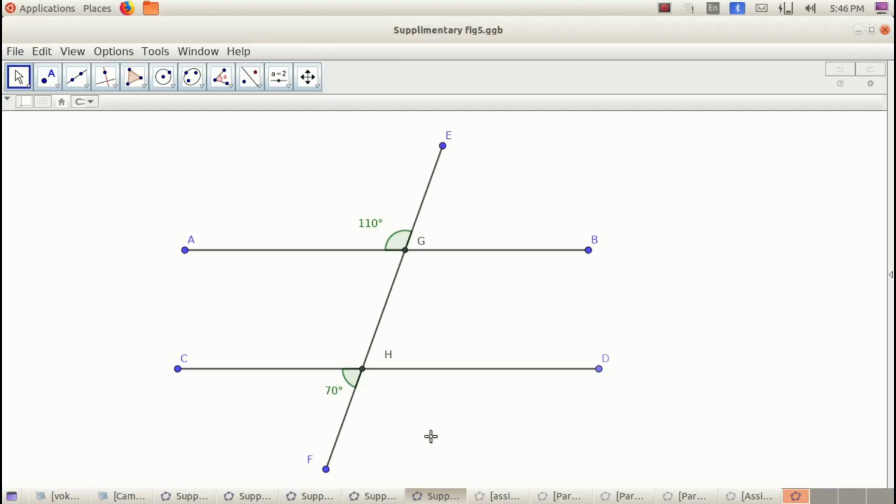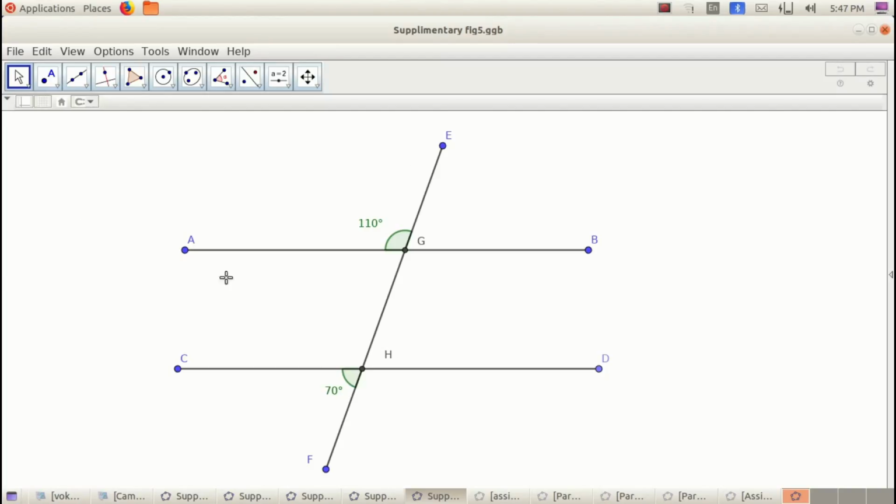We can conclude in this way. When a line cuts across a pair of parallel lines, we will get two supplementary pairs of interior angles and two supplementary pairs of exterior angles, and these pairs are supplementary. It means their measurement sum is 180.